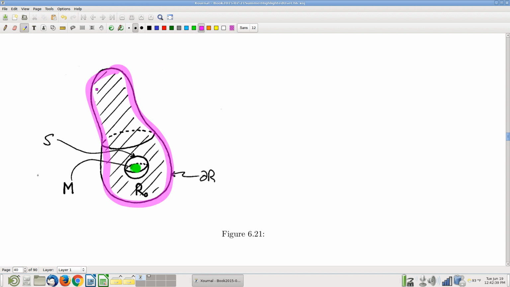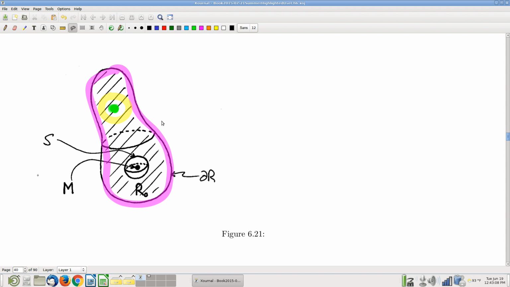And our answer was, well, I don't know, but it's the same as the flux through that little sphere. Okay, what do I do with that? Well, here's an argument I can make now. If I were to take that little piece of mass and move it over to here, how much boundary flux is there through the purple surface, given that the green mass is now way over here?